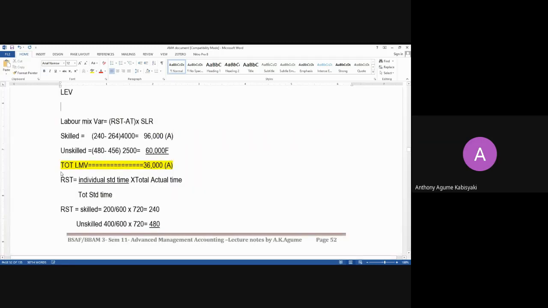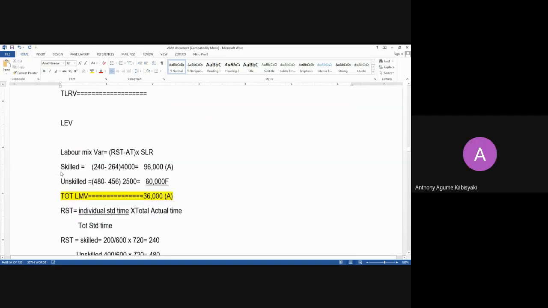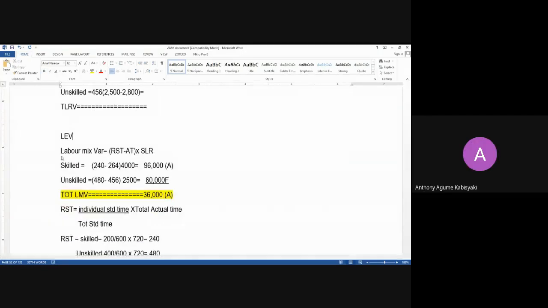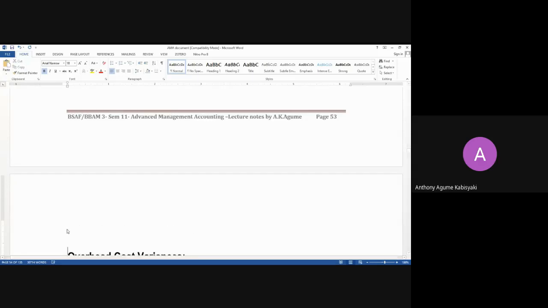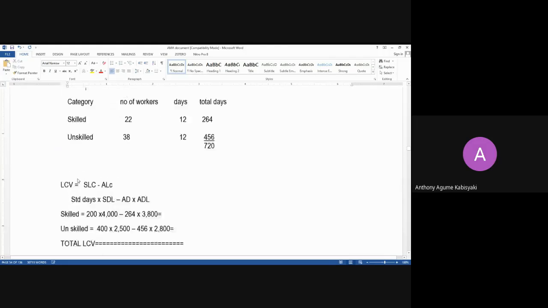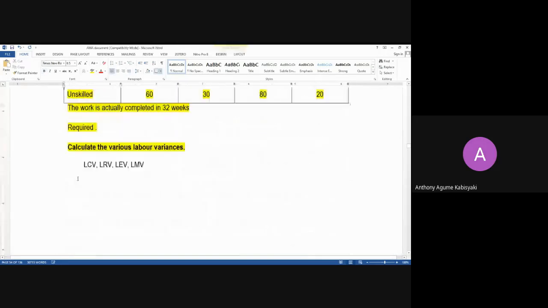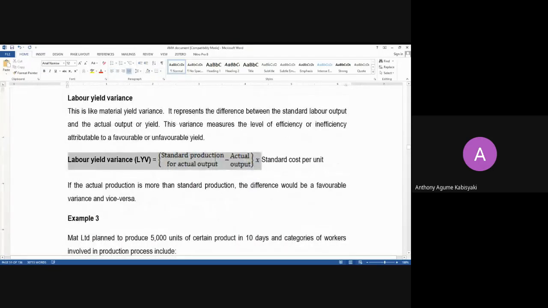The labor yield variance, LYV. We say that to compute the labor yield, you need to get, this is the formula.